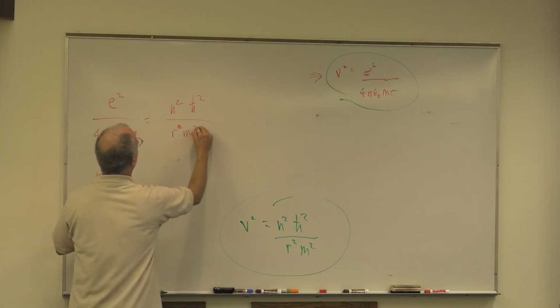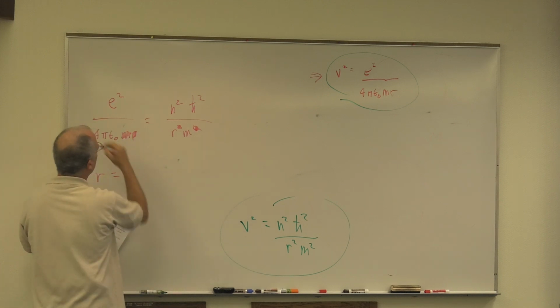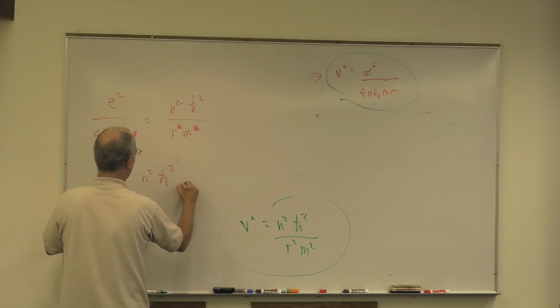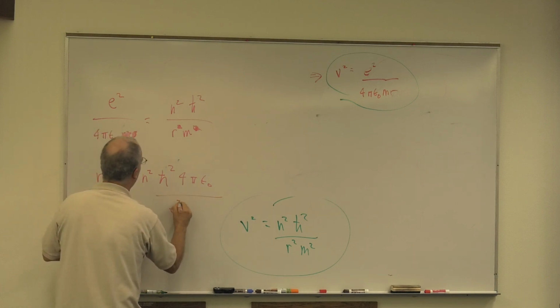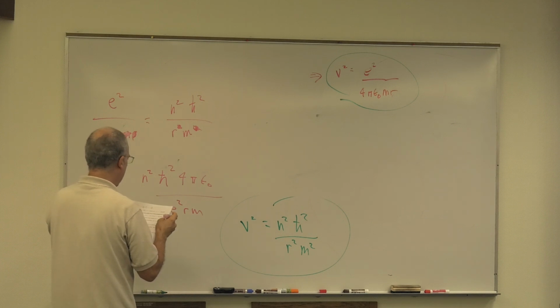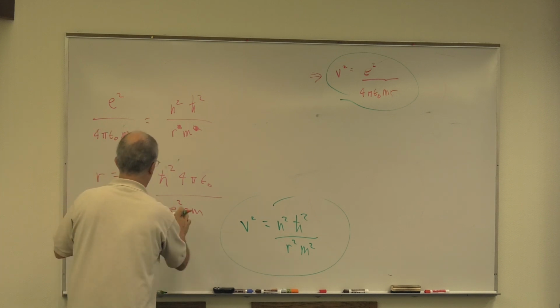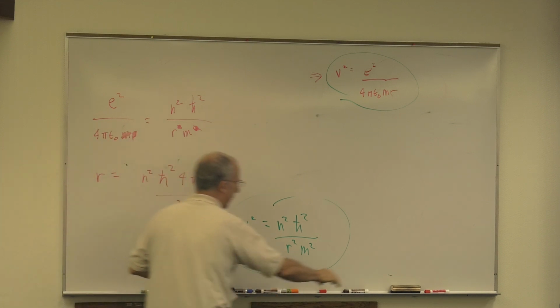Oh yeah, kill one of those. Anything else? Nope. So we're going to have r equals n squared h bar squared 4 pi epsilon naught over e squared m. Let's see if I did it right. Yes, I did. Yay! Oh, wait a minute. Oops, sorry, I didn't do it right.